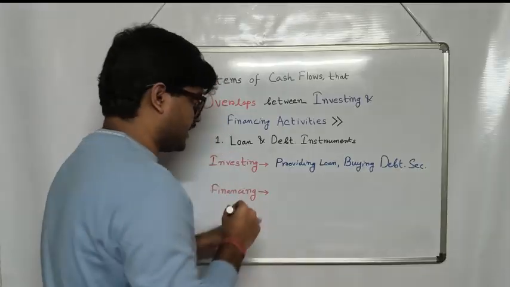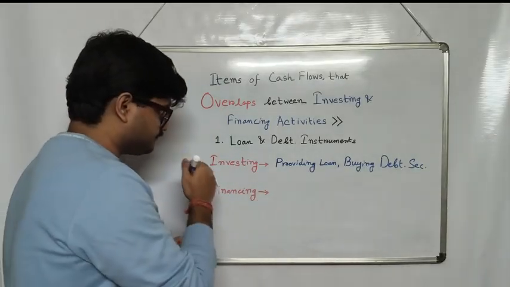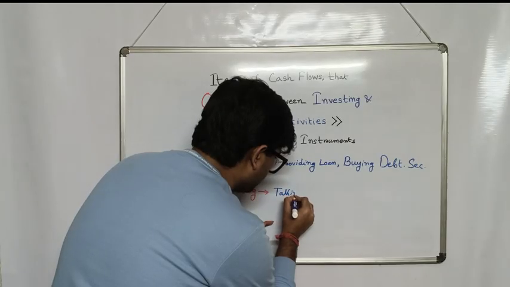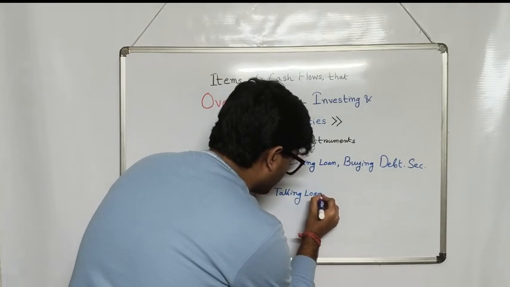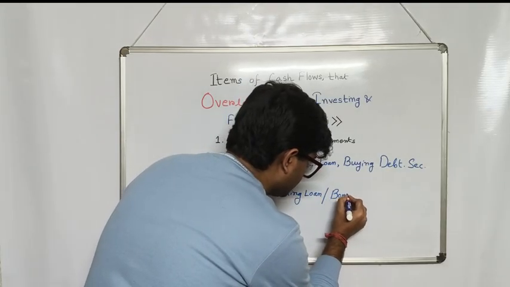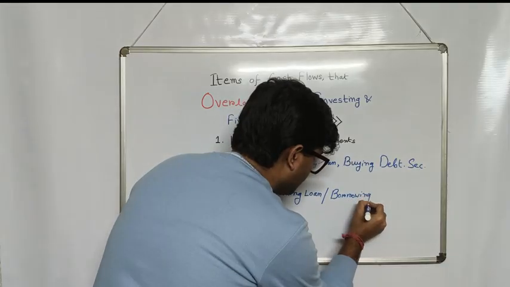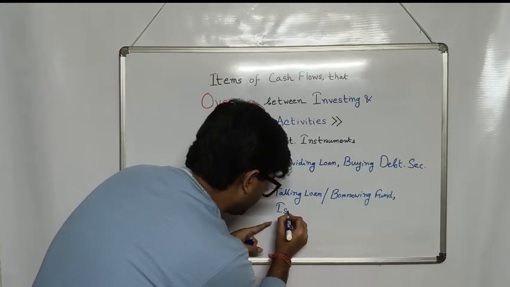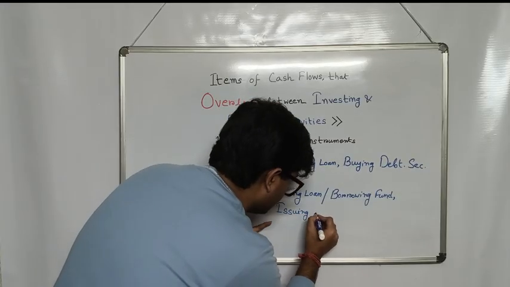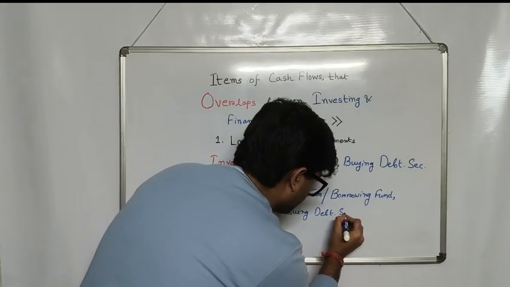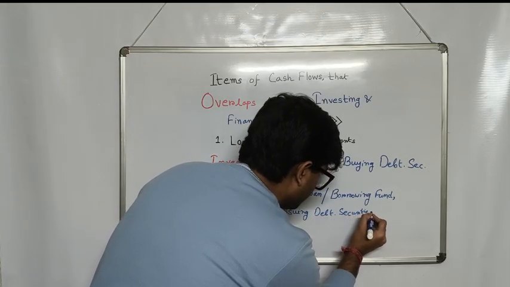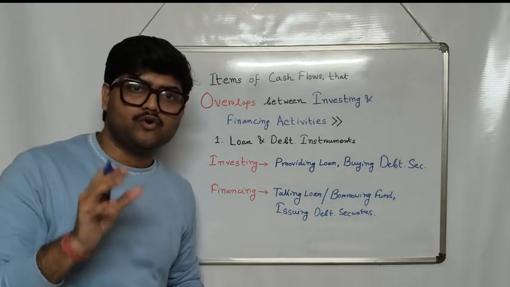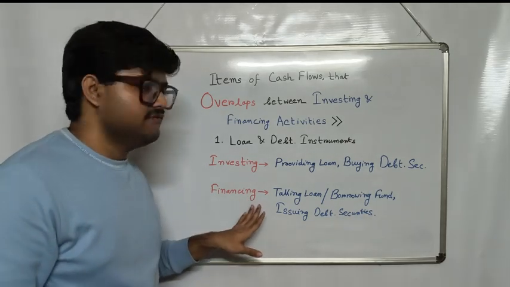So taking loan, or we can say borrowing fund, and issuing debt securities, these are the things that we are doing to raise the capital of our own business. So this will be a part of financing activity.